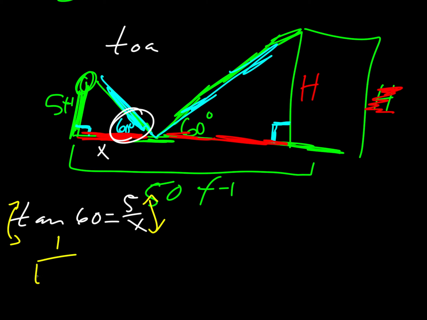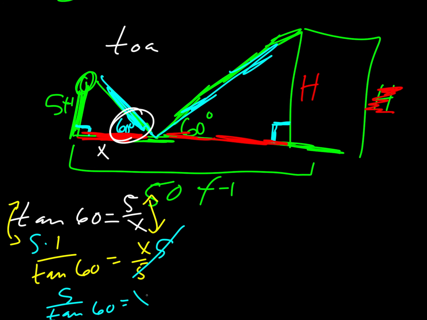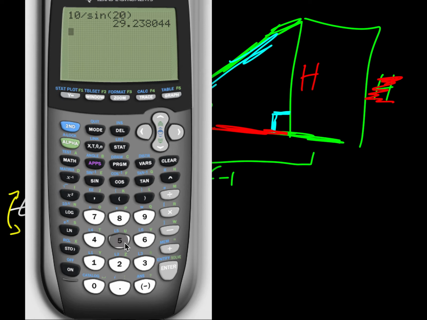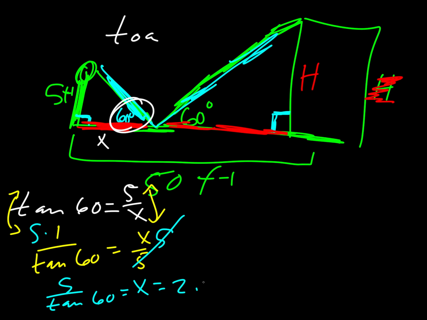So we get 1 over tan 60 is equal to x over 5. We multiply both sides by 5. We get 5 over tan 60 equals x. We plug that into a calculator: 5 over tan 60, 2.89. So the distance right here is 2.89.